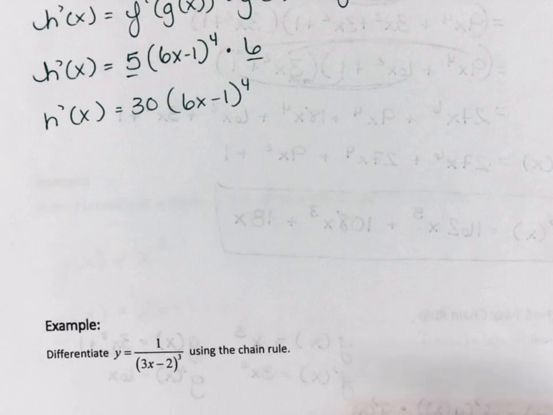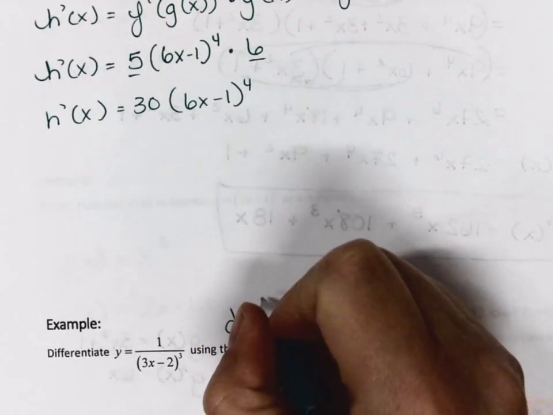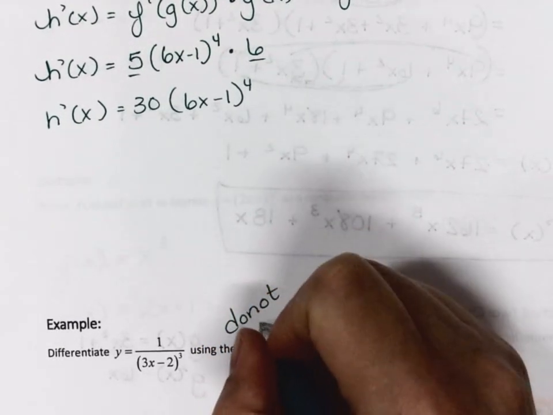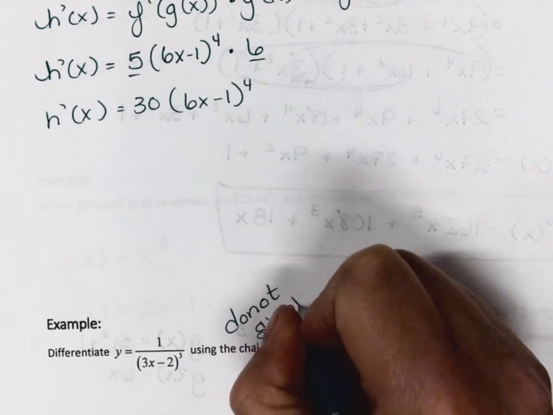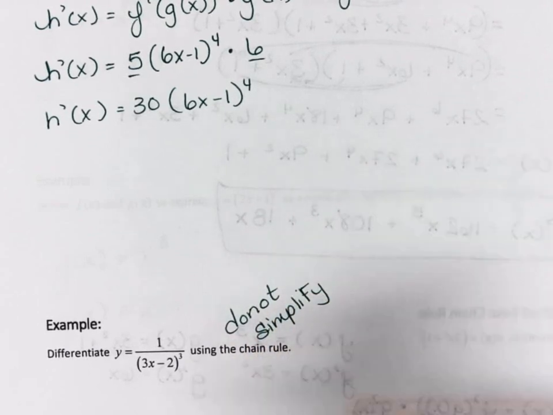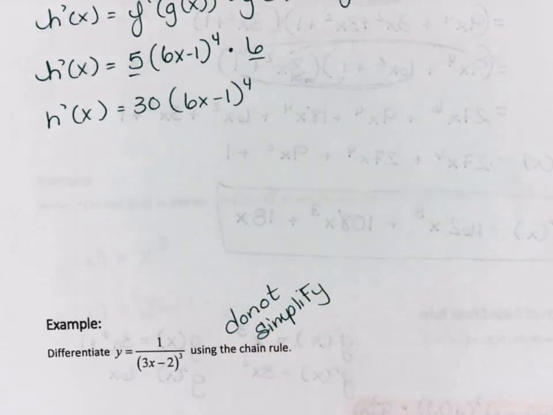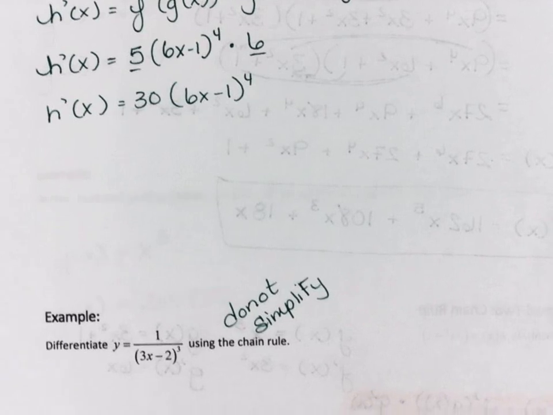All right. And we're not going to simplify this one. DNS. Yes, DNS. I think I would write this as a negative exponent.